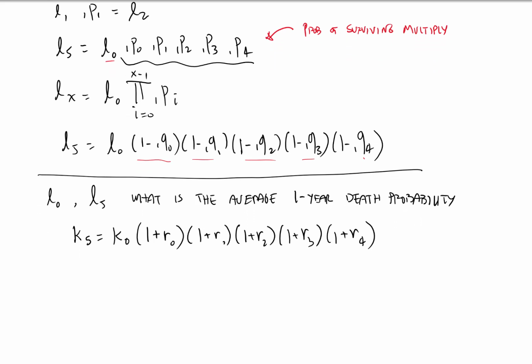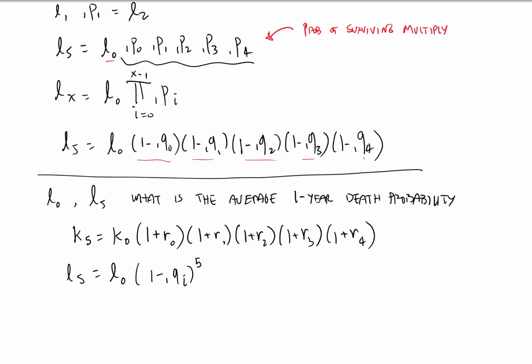All we need to do is do exactly the same thing as before. We can calculate it, and the average 1 year death probability is going to be L5 equals L0 times 1Q, let's call that i, to the 5th. That's going to be the average one. So we already know how to do that, and now you can see why I did those silly calculations with the growth rate in that very first lecture.